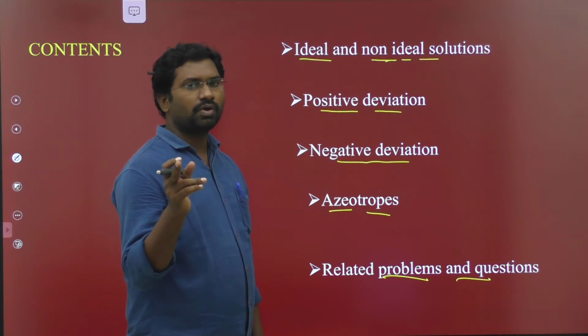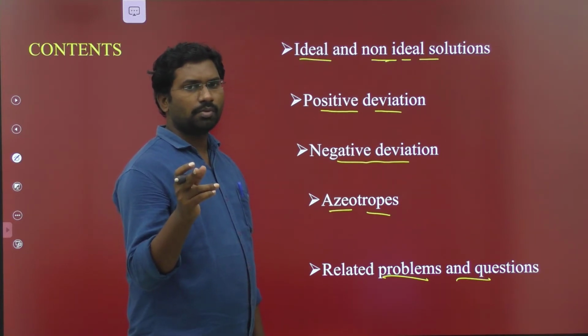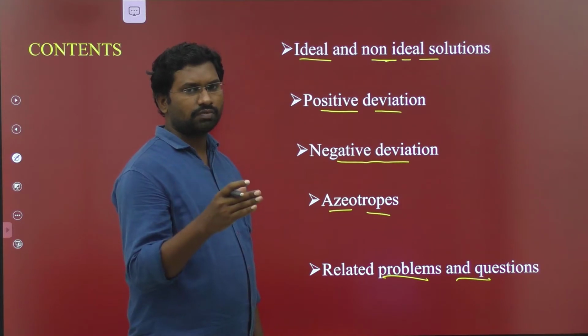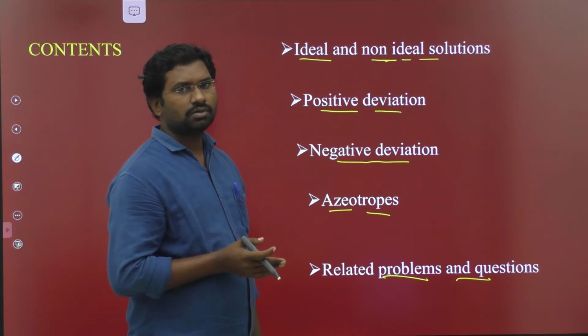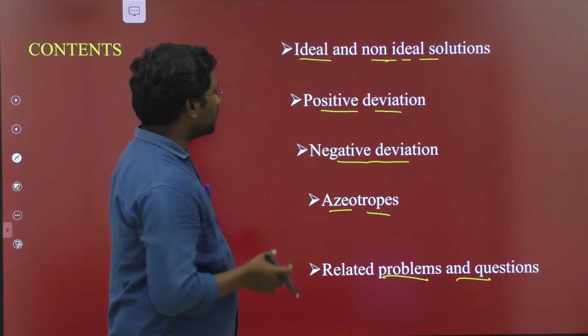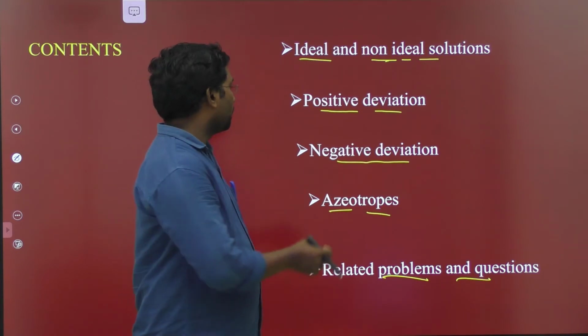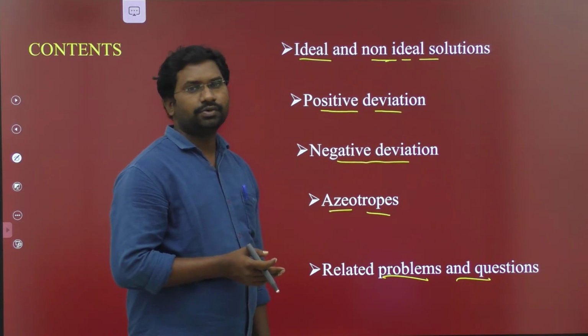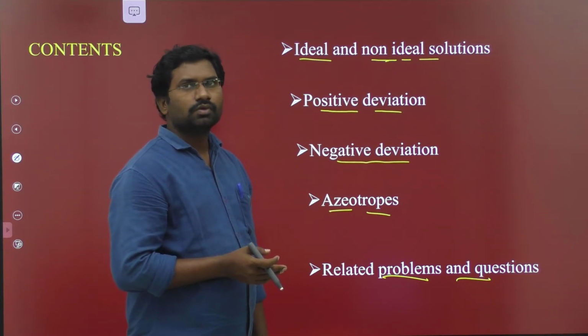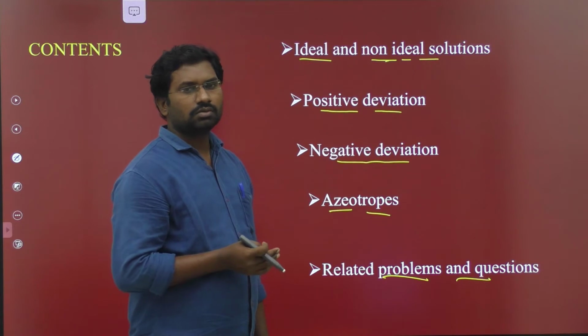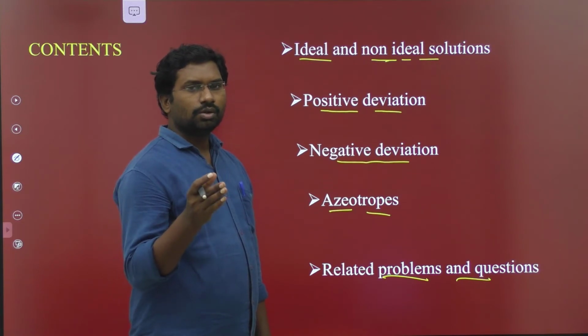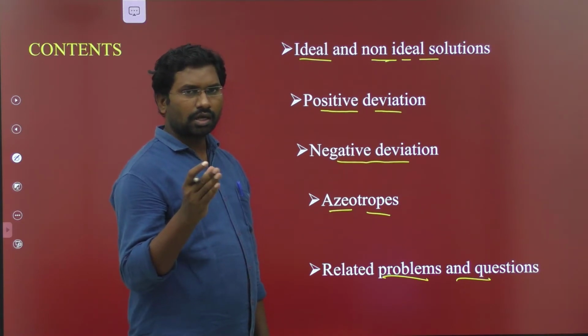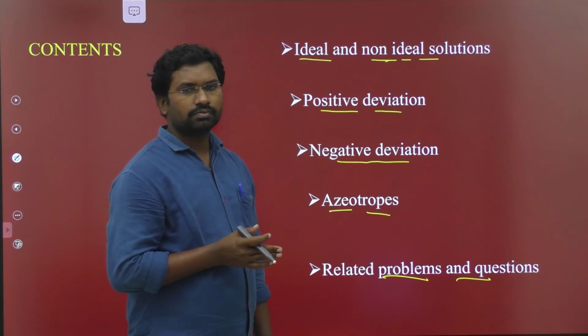Most probably many of the questions are asked from different concepts. For example, one of the questions given in 2020 JEE Main was from the concept of positive deviation and negative deviation. To answer that question, it is compulsory that you have thorough content knowledge regarding that topic.